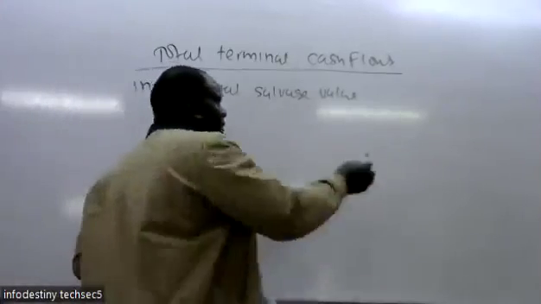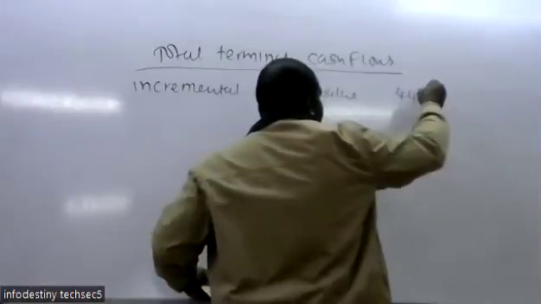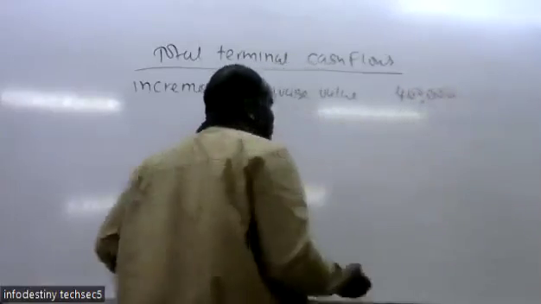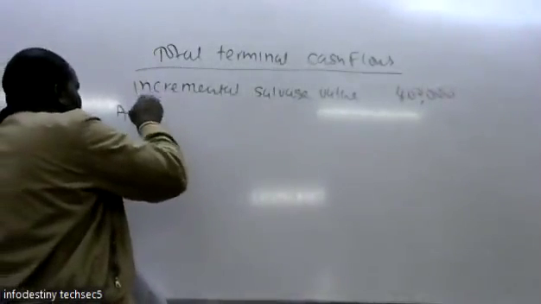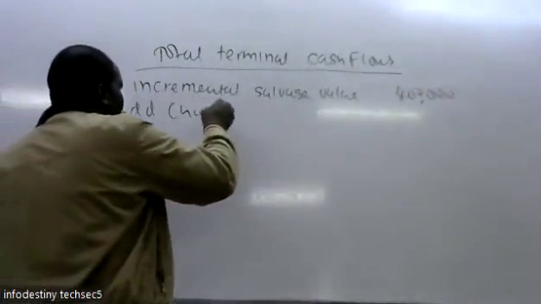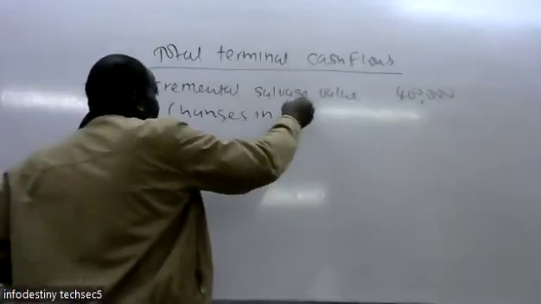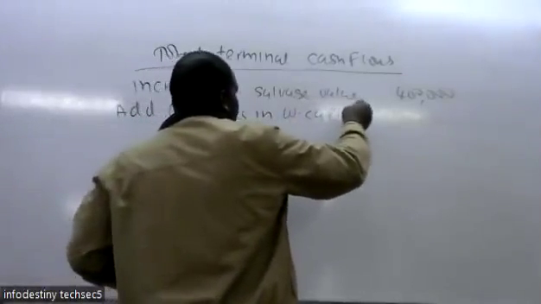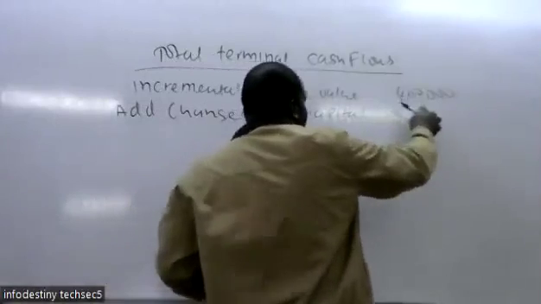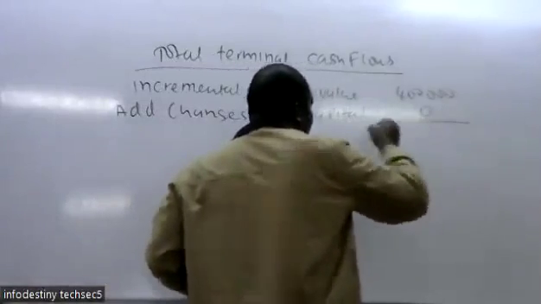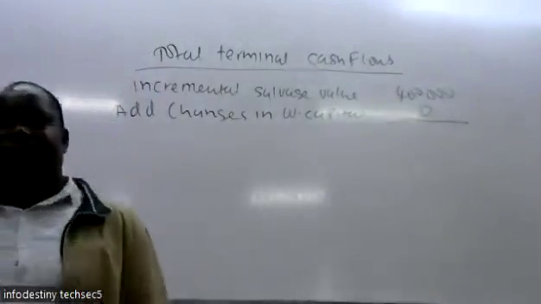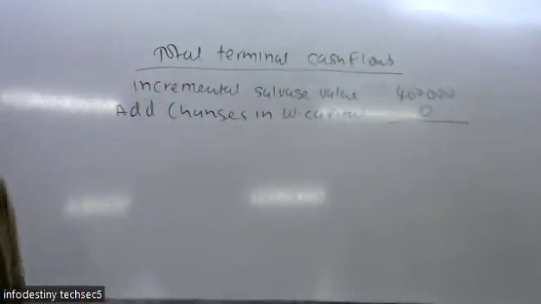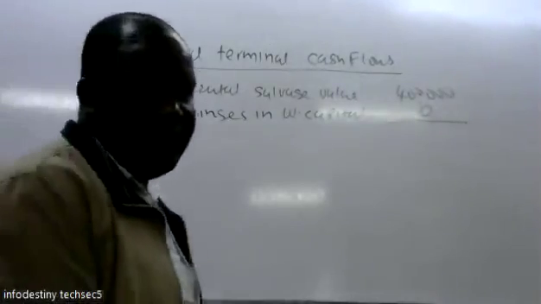It was 400,000. We are supposed to add changes in the working capital, but it was not there. That figure is 0. So to be able to give the 400,000.